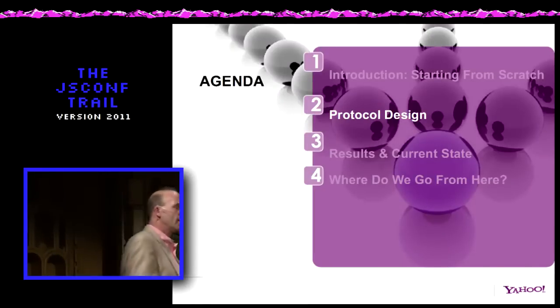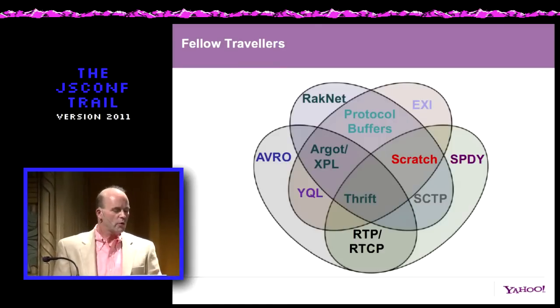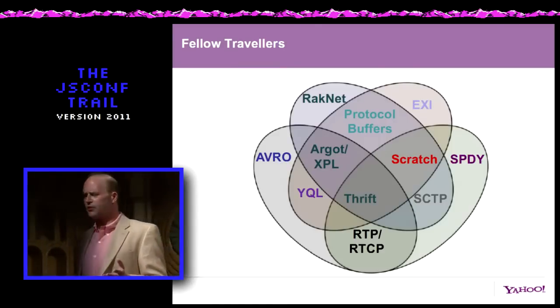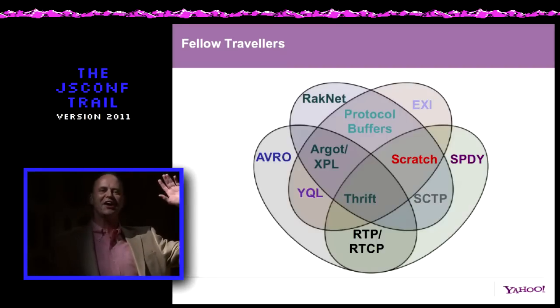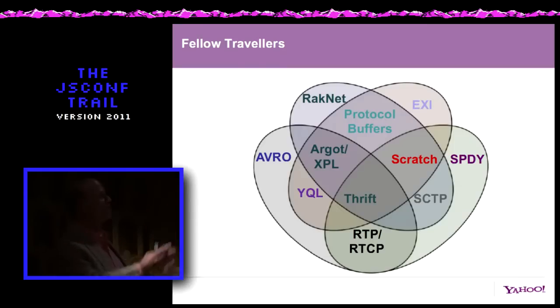I want to talk a little bit about the design decisions that we made. So when we went to look at all the work that's been done in this space, we found a lot of it. We are not the first people to think of this idea. All of these people are fellow travelers in the goal of making the web faster and smarter in different directions. Some of them are protocols or different layers of the stack. Others are data exchange formats. Others have various aspects.